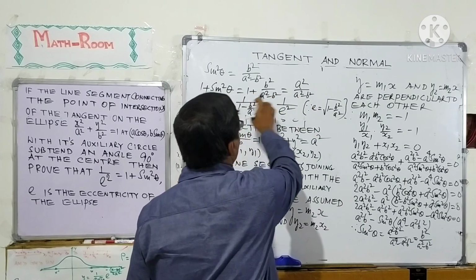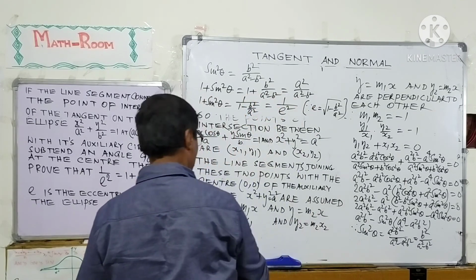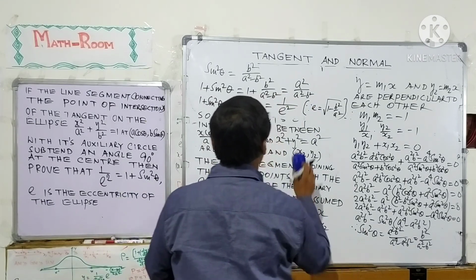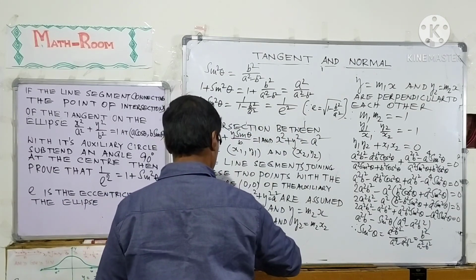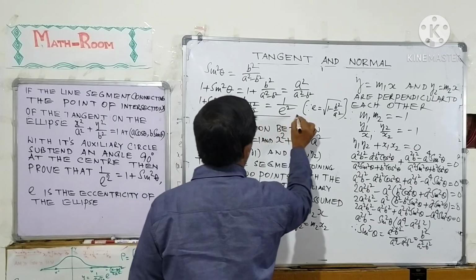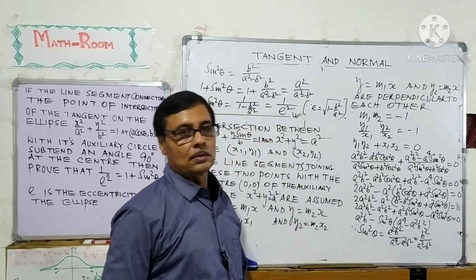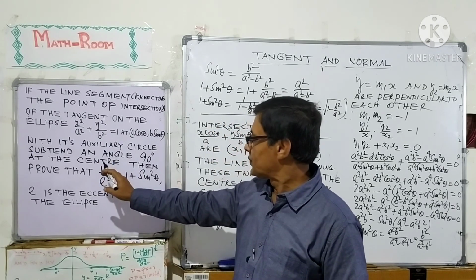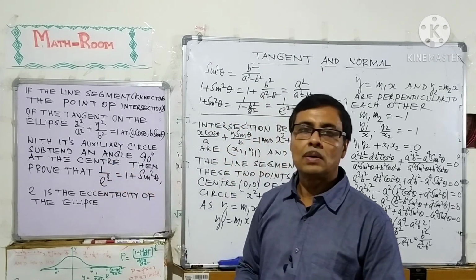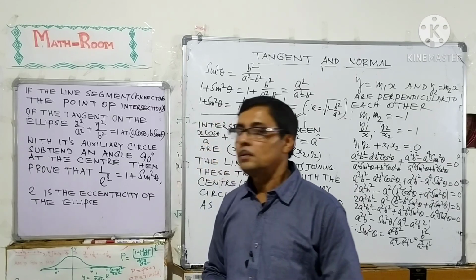So, we have proved that 1 plus sin square theta equal to a square over a square minus b square, that is, 1 over e square equal to 1 plus sin square theta. So, we have proved this.